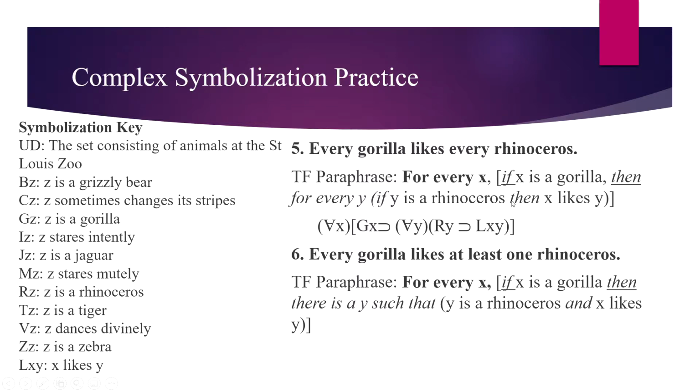This is very, very common. You're usually going to see existentials paired with things like conjunctions and universals paired with material conditionals. Sometimes you might have a very strong claim, right? Such that everything in the universe is a fuzzy dog or something.